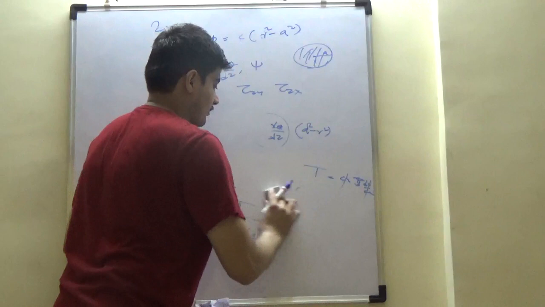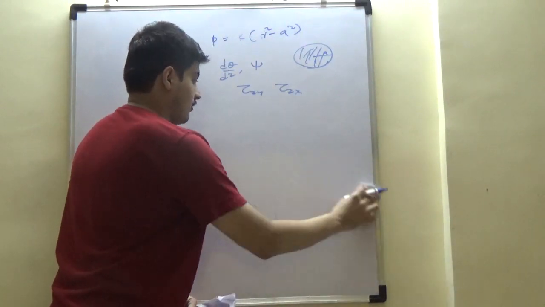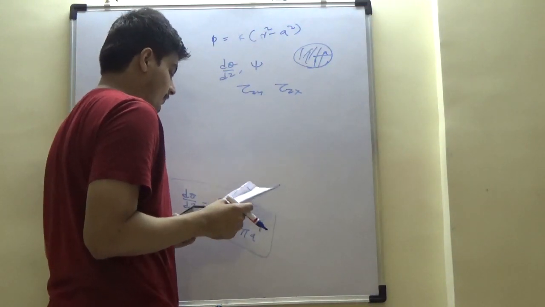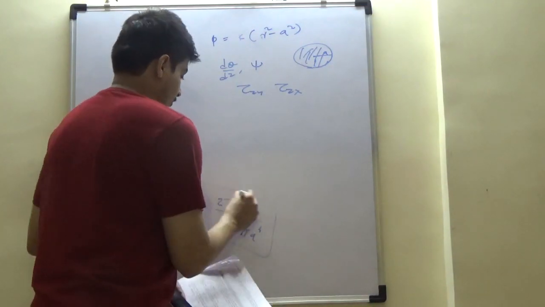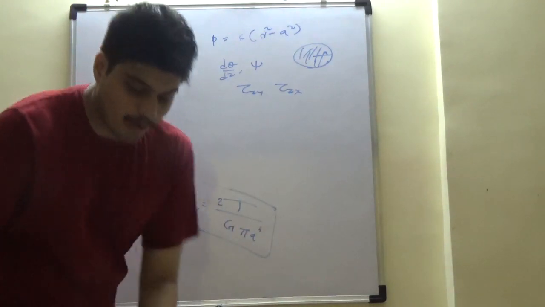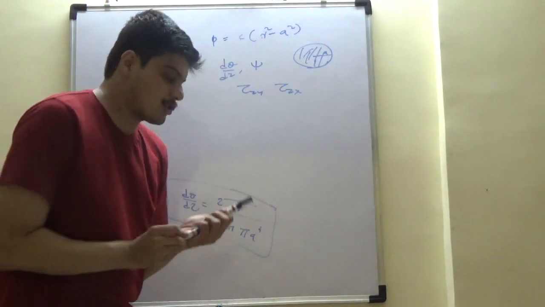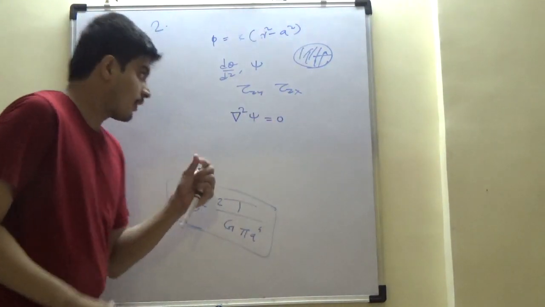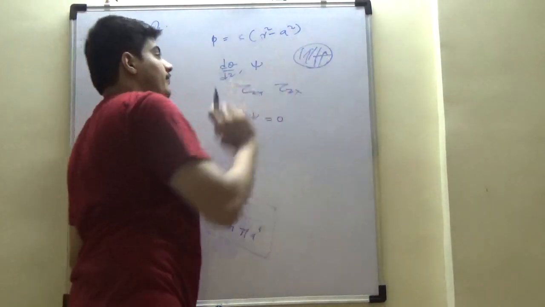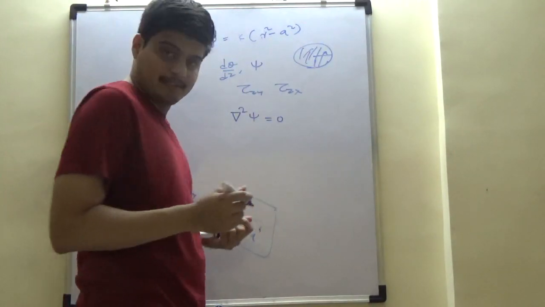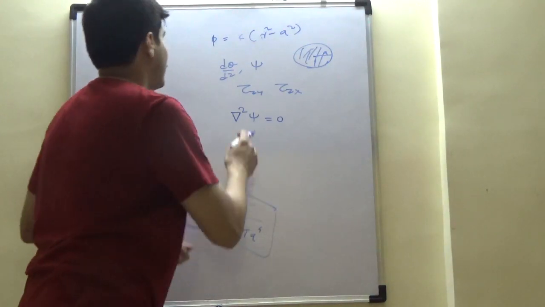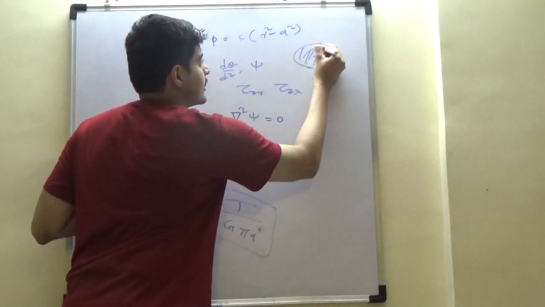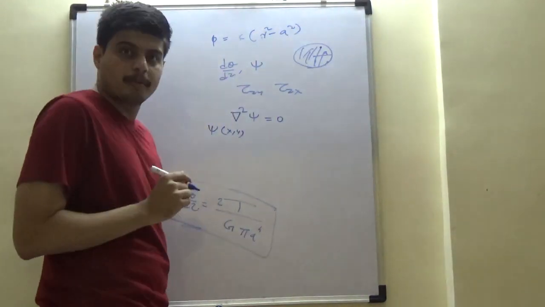Now the warping function. We looked at the two governing equations that are important. First of all, most important is you have to have a function which satisfies the conditions: del square psi is equal to 0, and psi on the boundary is going to be 0. Circle is a symmetric problem. Imagine psi was a function of xy. That would mean this warp is more than the other warp.